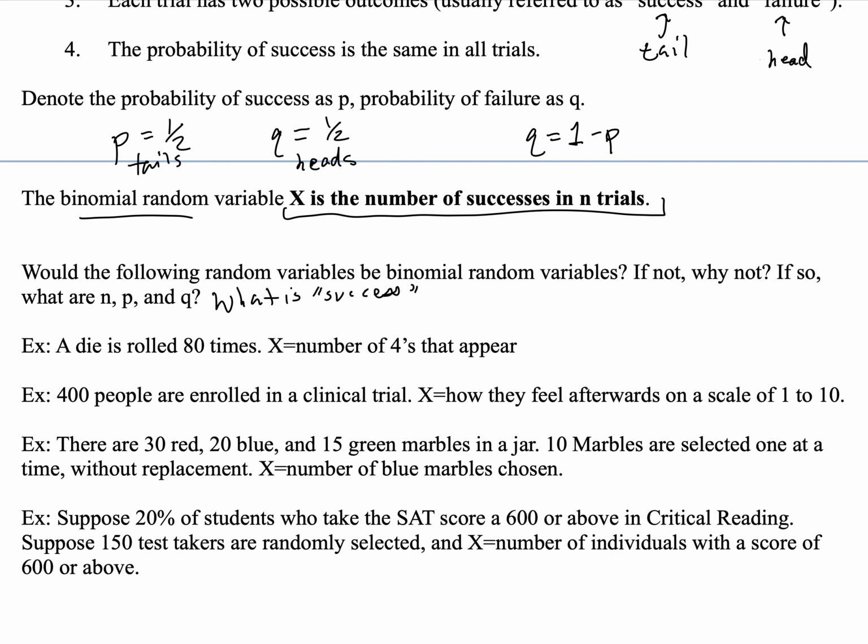And we let X be the variable, the number of blue marbles chosen. And lastly, suppose that 20% of students who take the SAT score 600 or above in critical reading. Suppose 150 test takers are randomly selected, and X is the number of individuals with a score of 600 or above. So think about each of those examples and whether or not they are binomial random variables.